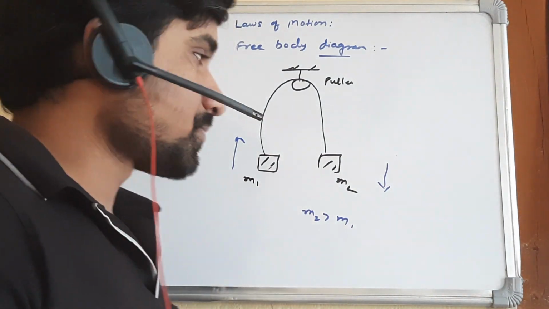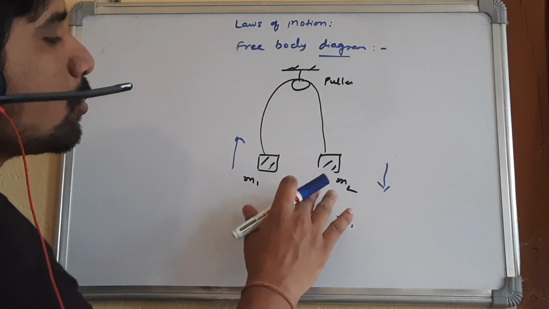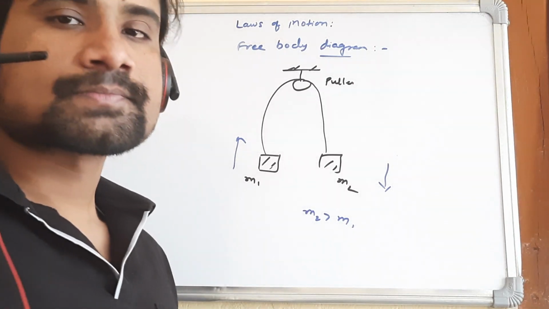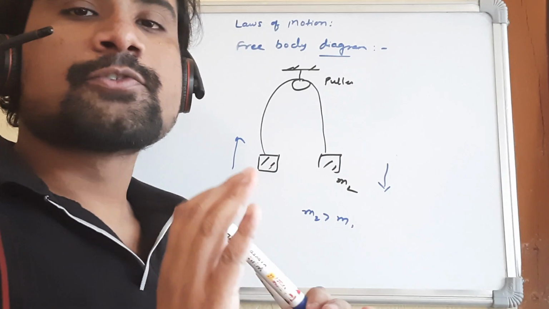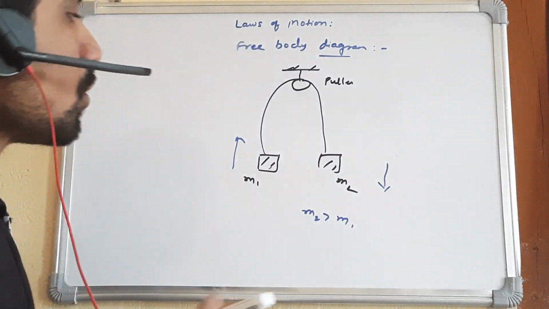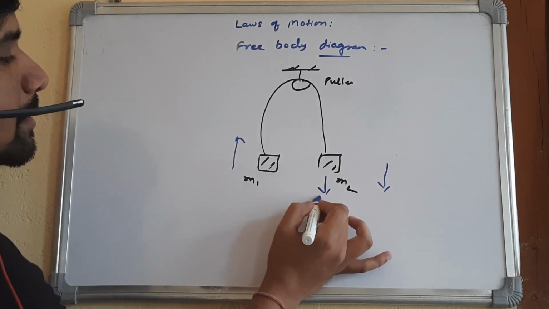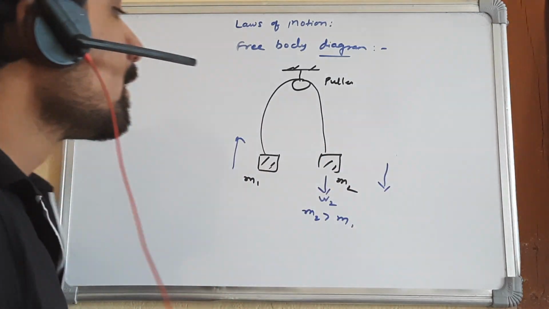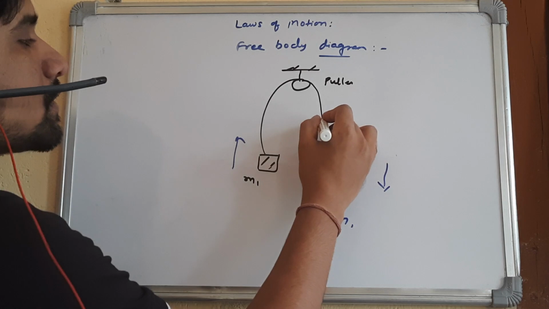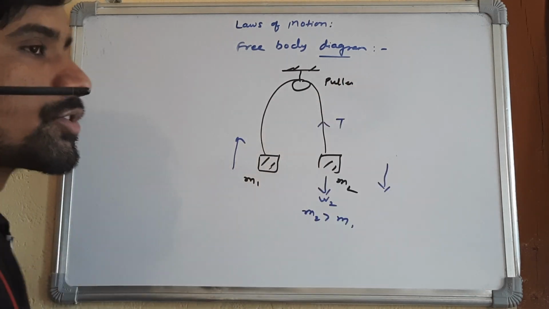Let's understand how. For m2, what are the forces acting on m2? Gravity is everywhere, so the gravitational force is one of the forces acting on m2. First is w2, which is the weight or gravitational pull. Next is the tension force because of this string.